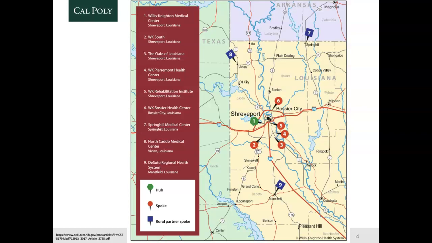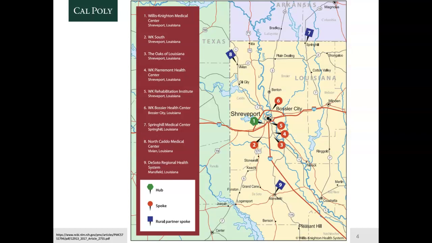What you'll notice is that in the center, you have this green shape. That is the actual hub. That is where people are going to be able to access more intensive specialty care services if they need it. That hub is going to provide the most intensive medical services for that market.